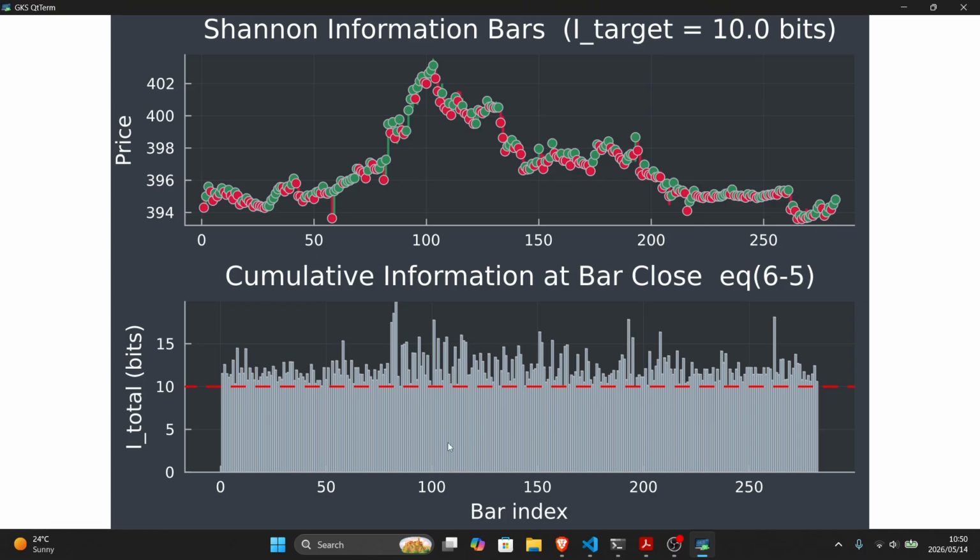And as you can see, when we go from 0 to about 1,000, the total information is strictly moving above 10 bits most of the time, if not all the time, right? Because I do not see a single bar that is below. Okay, here's one. Is it even a bar or is it just zero? But either way, the bars that are below 10 bits are very minuscule, right?